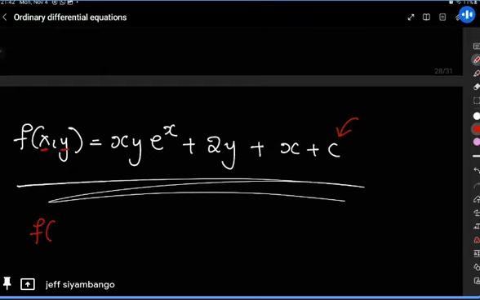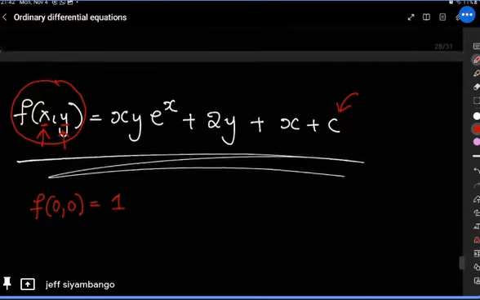So they would tell you what the solution would be if x is a given term and y is a given term. So let's say they are saying f of 0, 0 is equal to 1. They're giving us the initial condition. So if f of 0, 0 is equal to 1, what do we do?